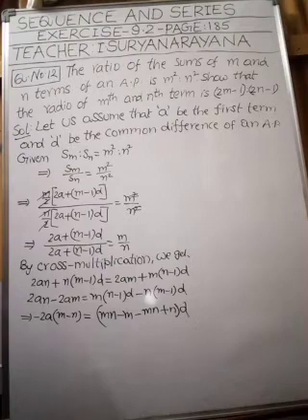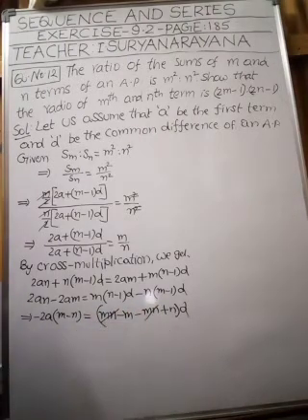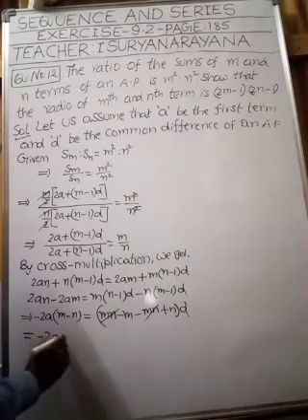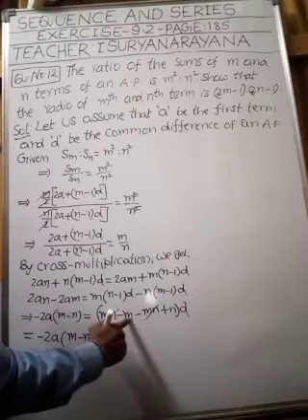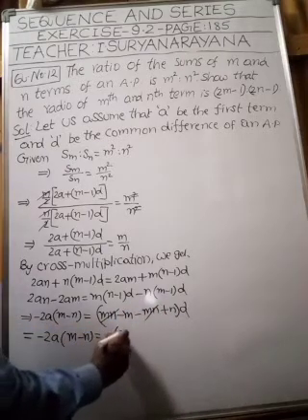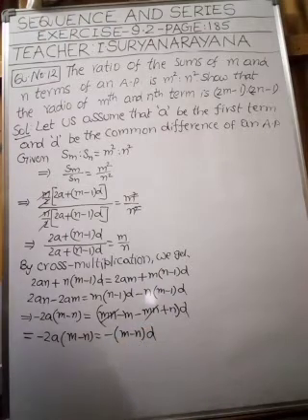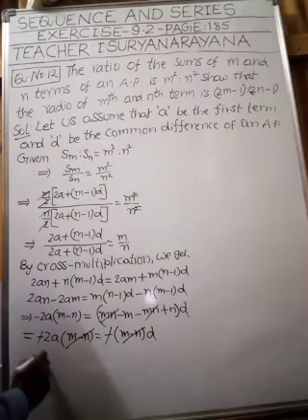Okay, my children, understood these terms? Right. Then m minus 1 gets cancelled. This implies minus 2a into m minus n is equal to, here also let us take minus common, m minus n into d. Okay, my children, here m minus n gets cancelled, minus minus gets cancelled.